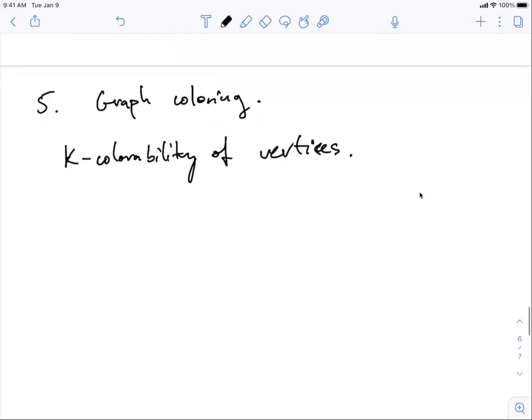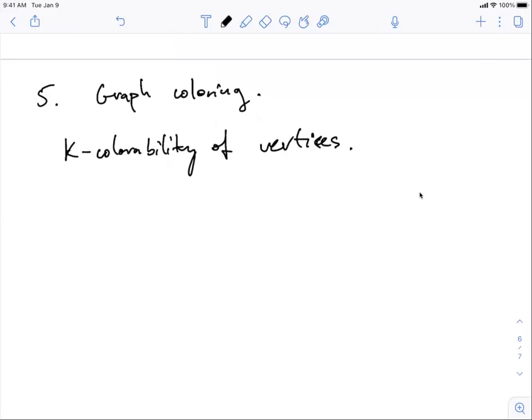So how might coloring of graphs be related to right-angled Artin groups? Well, one can begin as follows. Suppose gamma is k colorable.